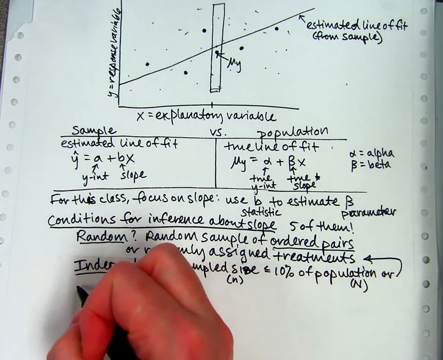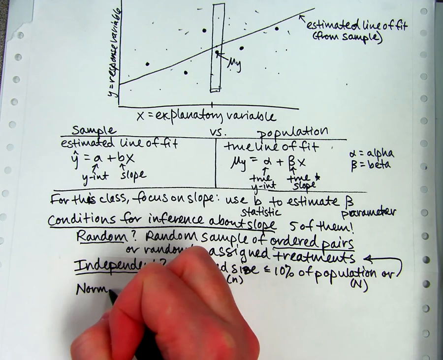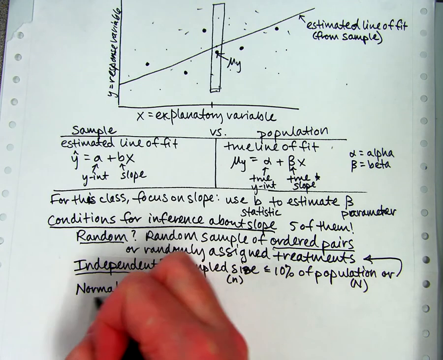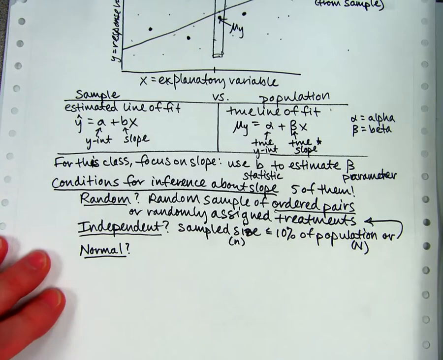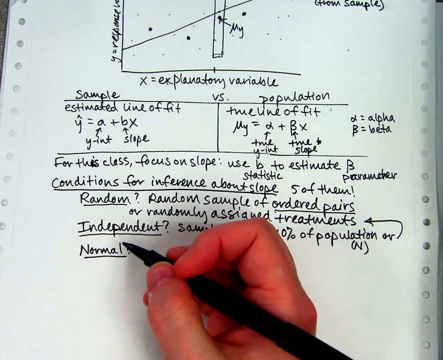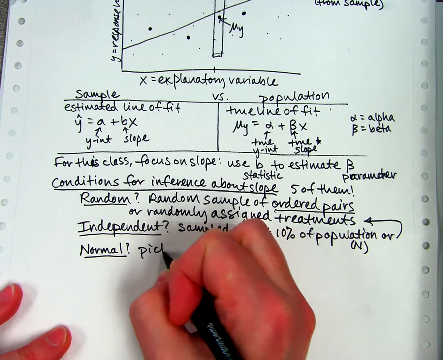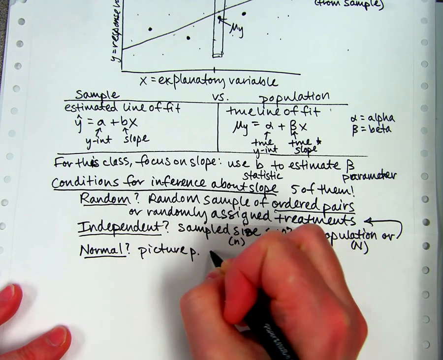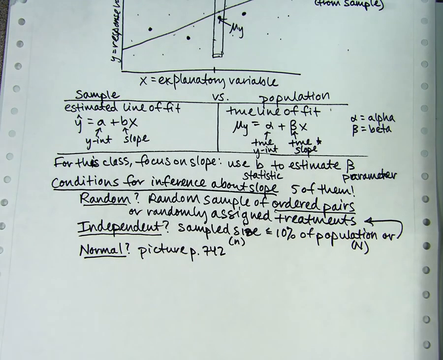There is also a normal condition, and I put it third because these next 3 all kind of go together. And I'm going to show you a picture that will help to understand where this is coming from. How in the world can a scatter plot be normal? Let me talk about that. So there's a picture in your book on page 742. I actually printed it so it would be easy to show you on these notes.